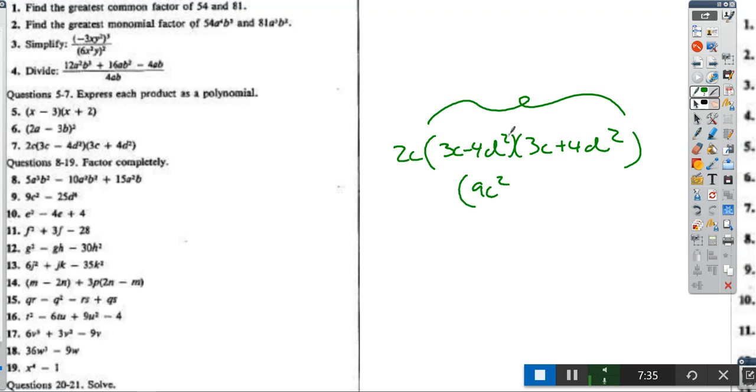Negative 4d squared times positive 4d squared is negative 16d to the fourth. And now I still have to multiply it by 2c. 2c times 9c squared is going to be 18c to the third. 2c times negative 16, well, 2 times 16 is 32, c d to the fourth. Hey, look at that. We are 7 for 7 so far.